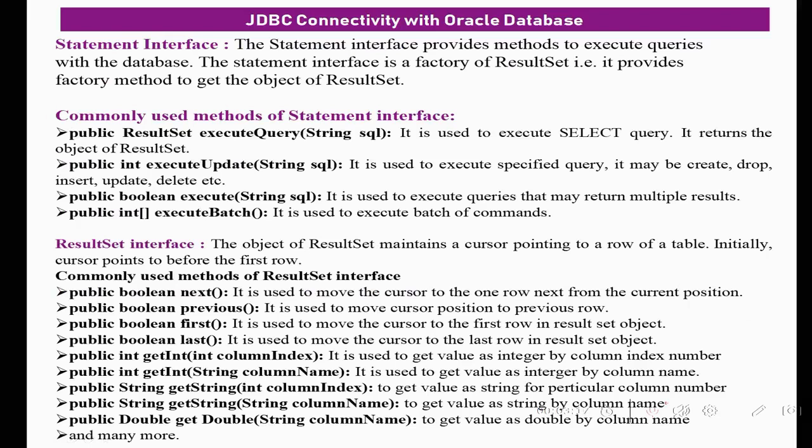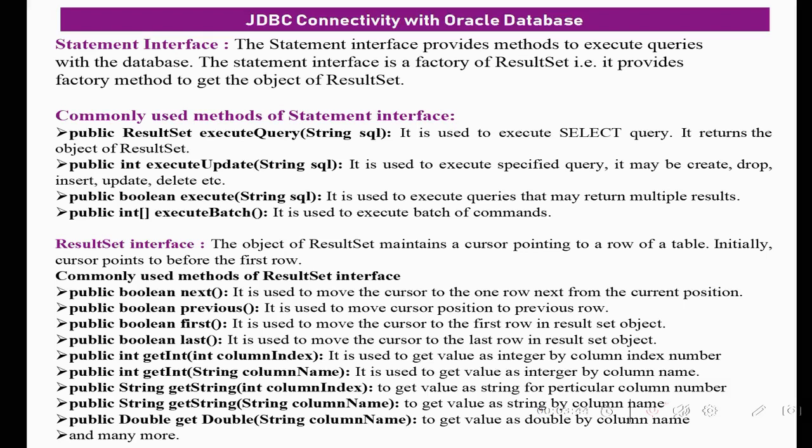Now what is the Statement interface? The Statement interface provides methods to execute SQL queries with the database. The Statement interface is a factory of ResultSet. It provides a factory method to get the object of ResultSet. ResultSet will contain the data in the form of rows and columns.